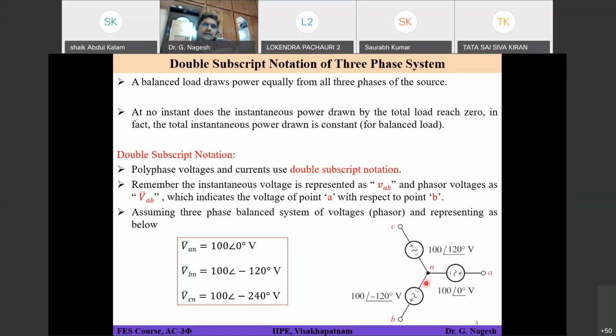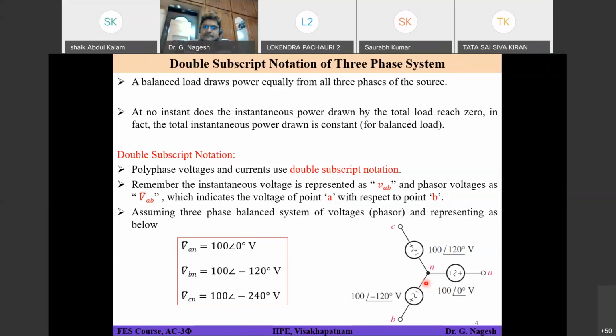Now within this 360 degrees, I want to create a balanced system with more number of phases. If it's single phase, the complete time period, that means 360 degrees, you can use. Now I want to create a balanced system with more number of phases. How many phases are here? 3.